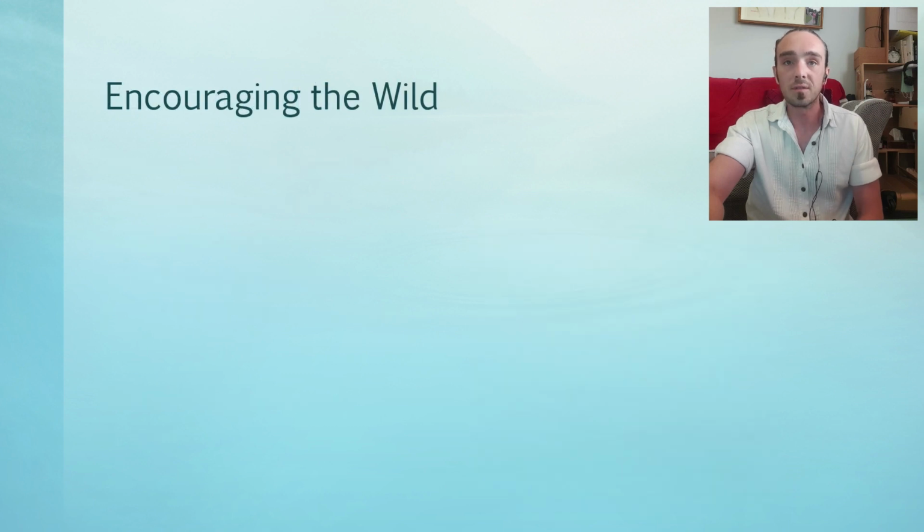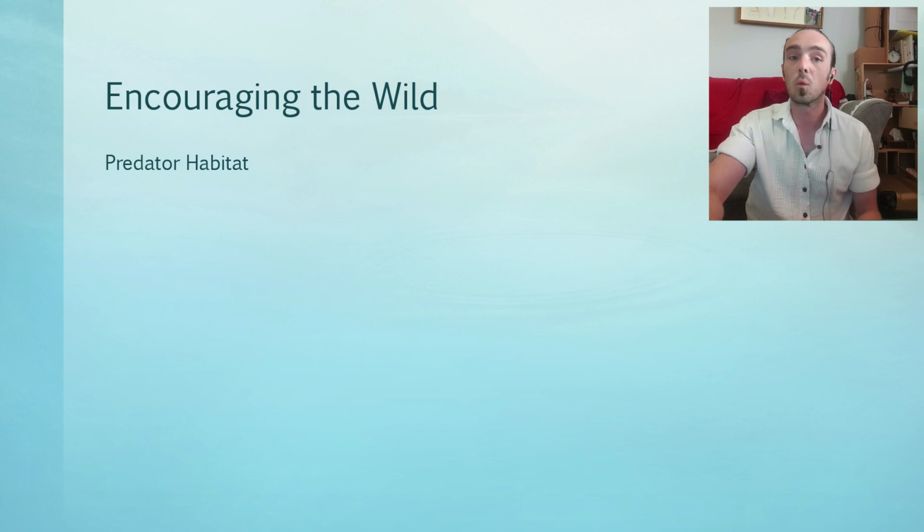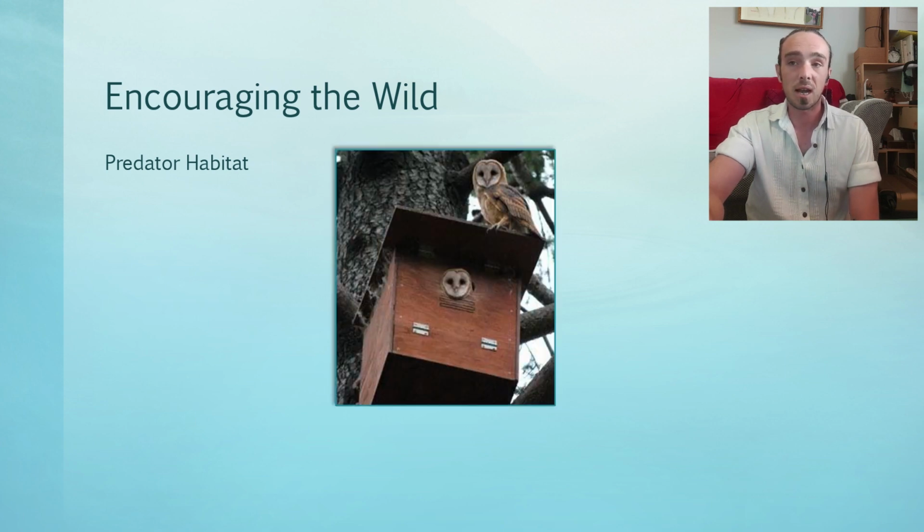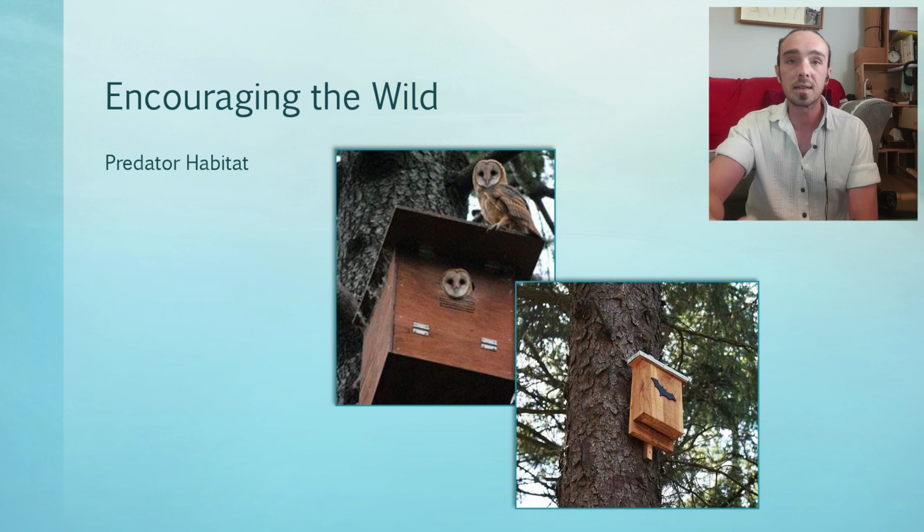So in both of these zones, we're going to be encouraging the wild things to come in, right? One of the quickest and best ways to do this is with predator habitat. So predator habitat can take many forms, but two of the ones that I'm going to chat about really quickly are owl boxes and bat boxes, right?